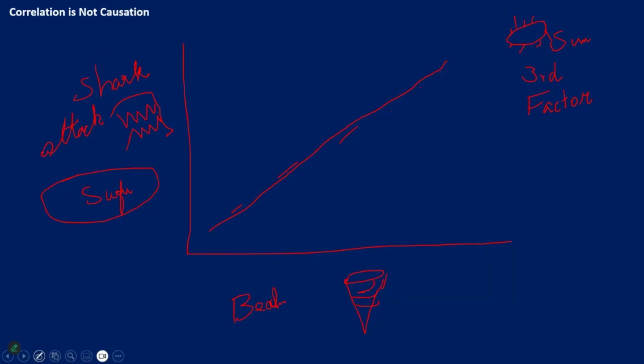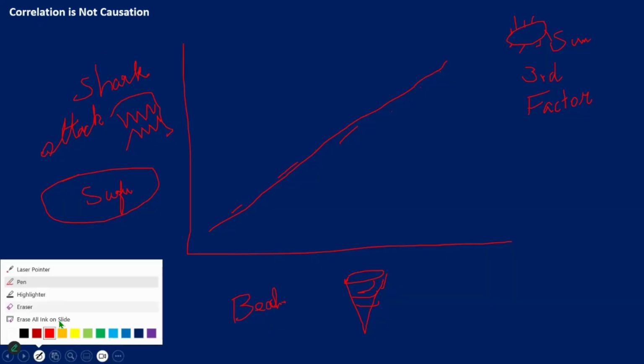This is one important thing, that when you talk about scatter plot or linear regression model, you will be asked about this question. Okay, give some example. Just give these two examples. Ice cream versus swimmers getting drowned in the pool. Ice cream versus shark attacks in the ocean. What is the third factor involved in these two? Sun. Okay, the weather, the climate.